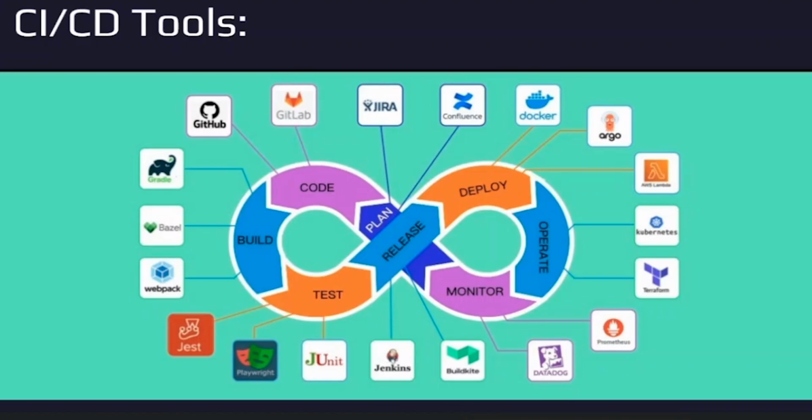For testing, you have Jest, Playwright, and JUnit. For release, you have Jenkins and Buildkite. For deployment, you have Docker, Argo CD, and AWS Lambda. For operations, you have Kubernetes and Terraform. And for monitoring, you have Datadog and Prometheus. So we have a lot of tools for every part of the process that you can use.